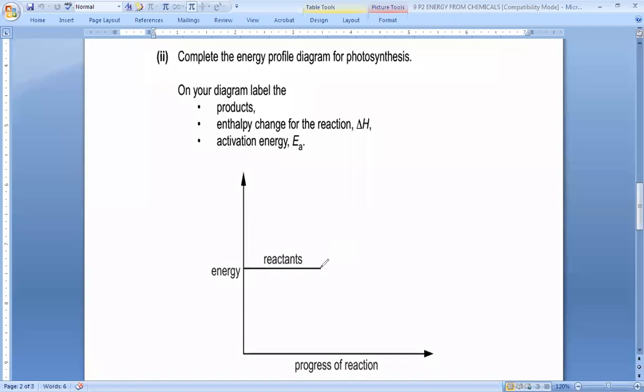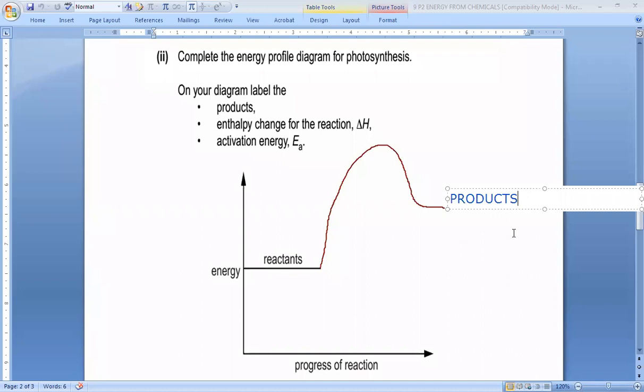This is an endothermic reaction, so this type of diagram should be drawn here. We have to write products, while some other labels are required. Just like that.